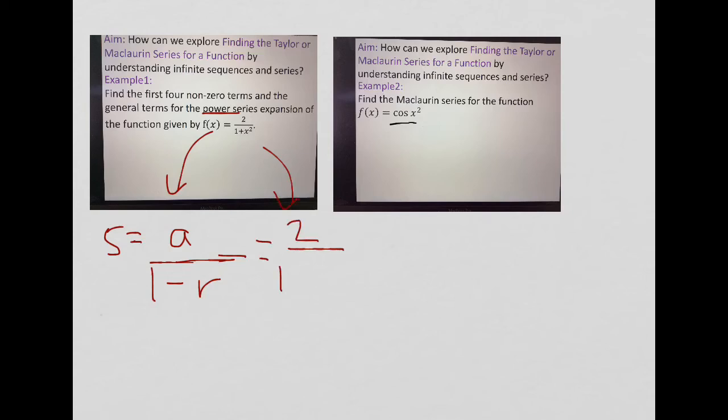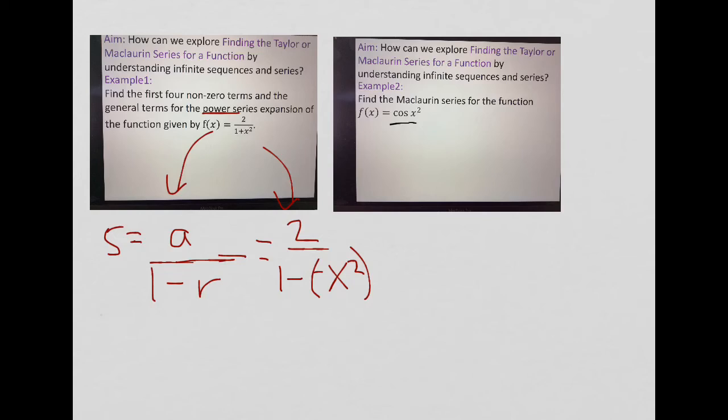Well, if I rewrite this function as 2 over 1 minus a negative x squared. Actually, I should put the square in there. Okay, let's see if I can fix that for you guys. Here we go. So this makes sense.